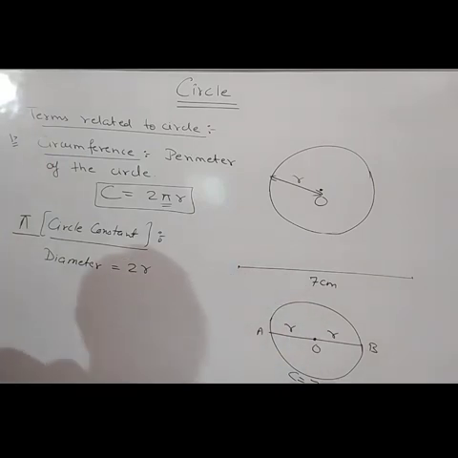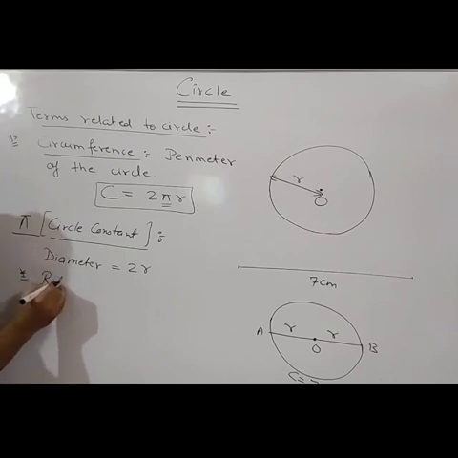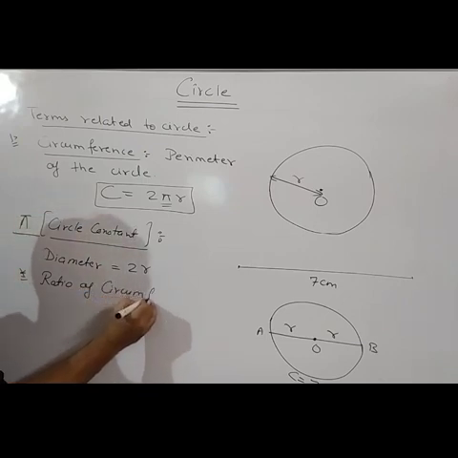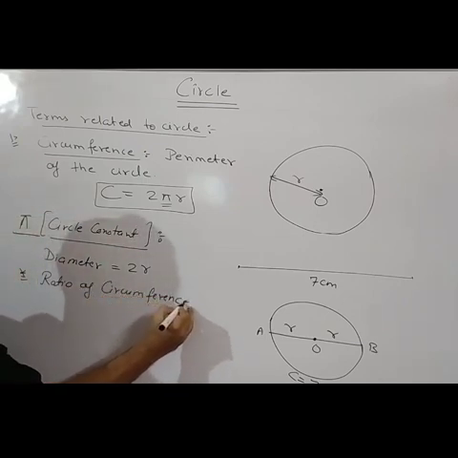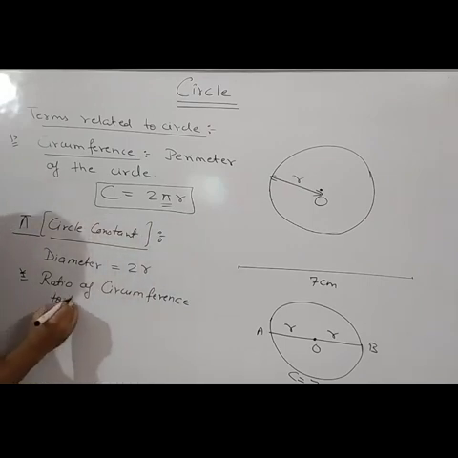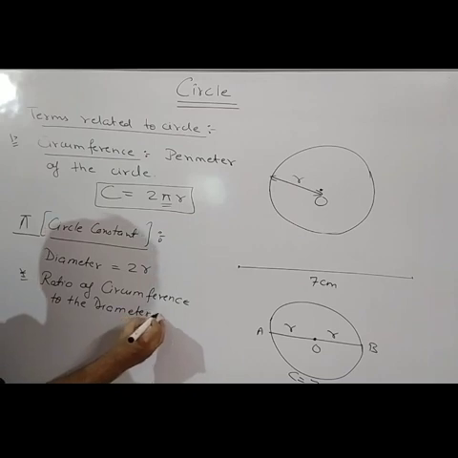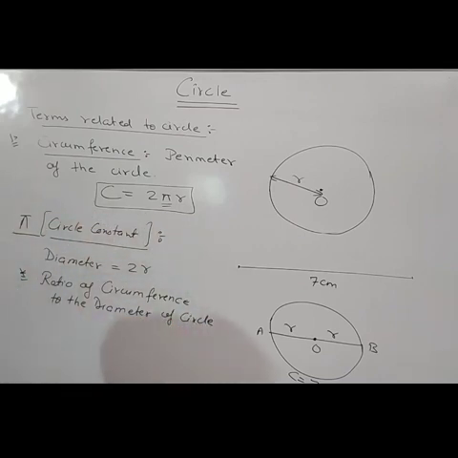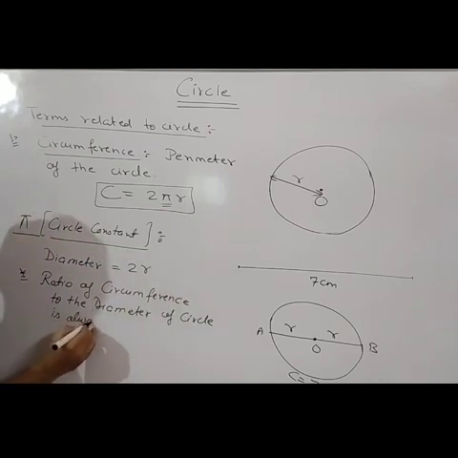So the definition of pi is the ratio of circumference to the diameter of the circle. The ratio of circumference to the diameter of the circle is always constant.